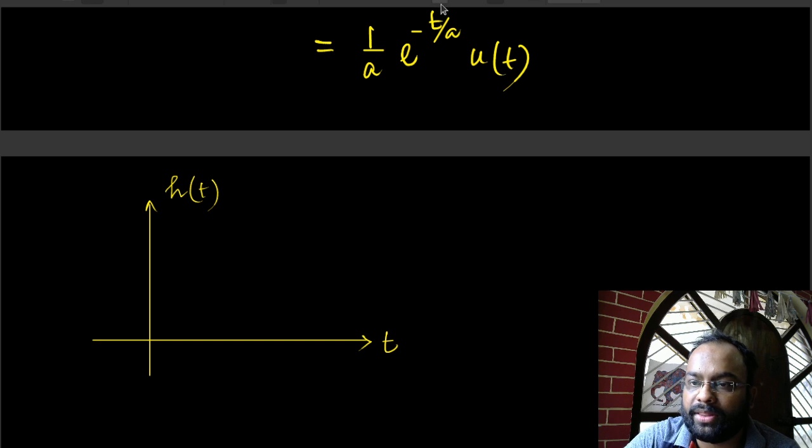This is multiplied with u t, so the value of the signal is going to be 0 before t equal to 0, and then it is going to jump up to a value of 1 by A. So when t equal to 0, this is 1 by A, and then it is going to gradually decay, because A is of course positive.